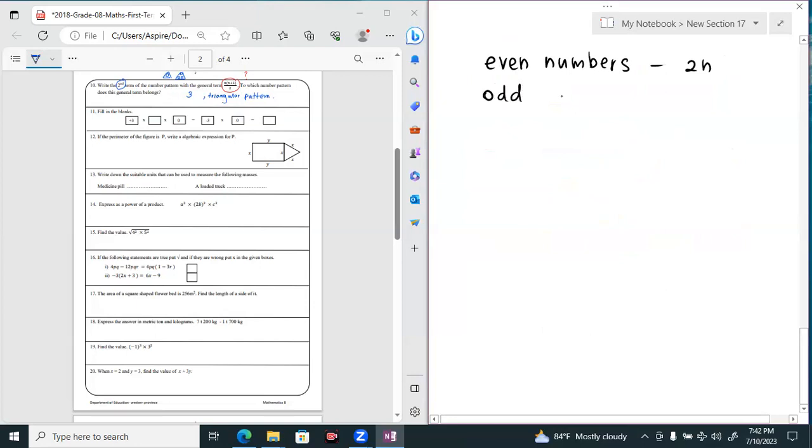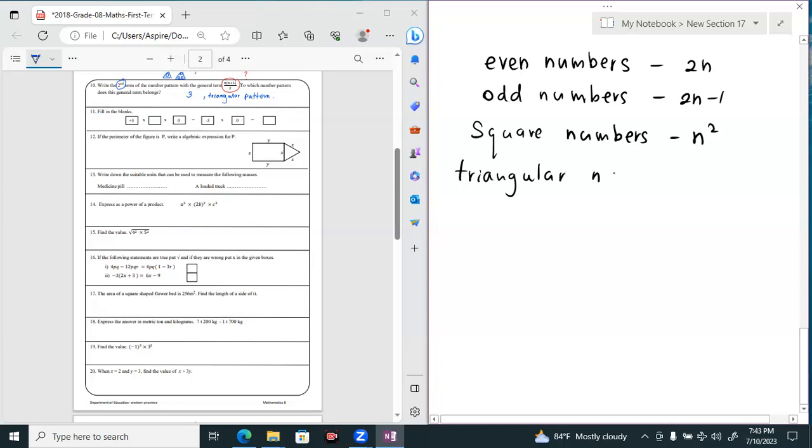Odd numbers, it is 2n minus 1. Square numbers, it is n squared. Triangular numbers, it is given here: n times n plus 1 upon 2.